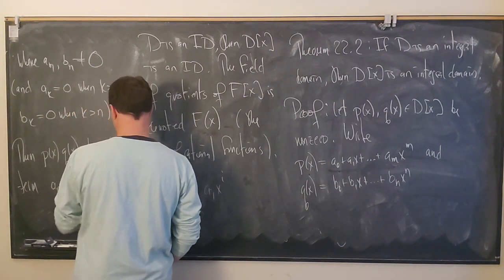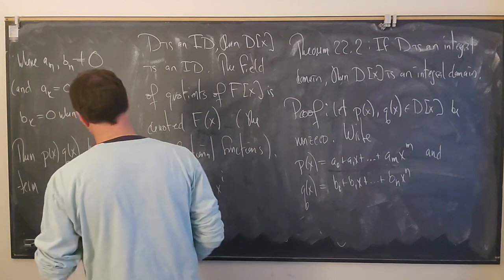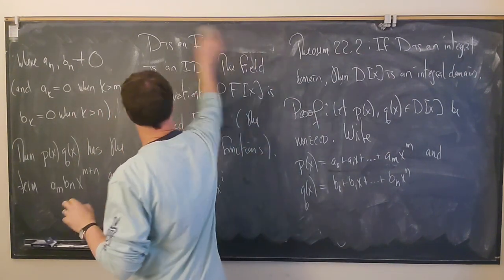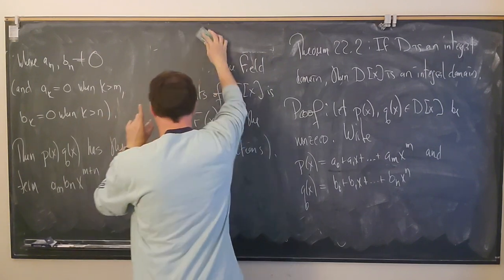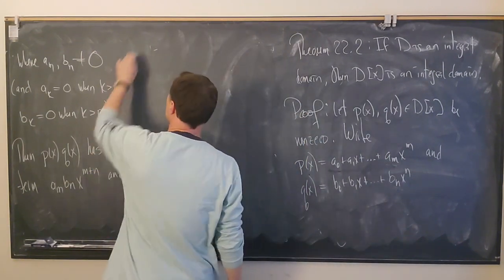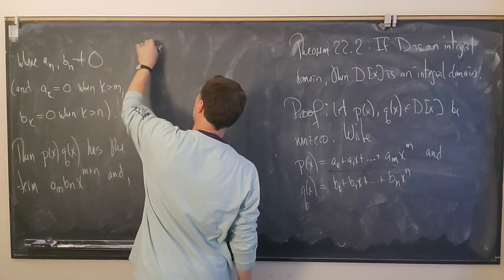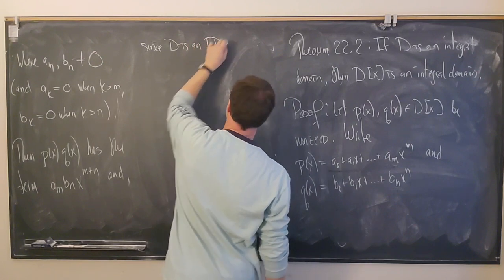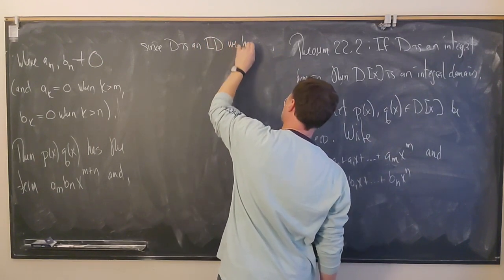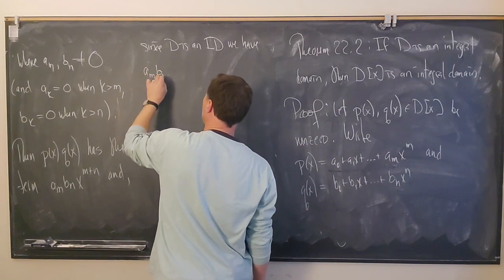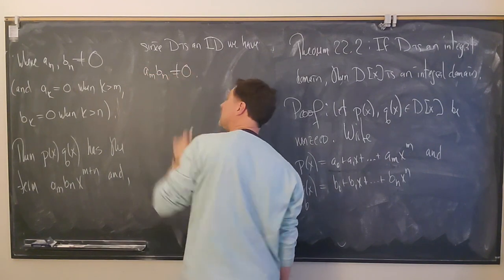And we know that a sub m is non-zero. We know that b sub n is non-zero. And since we're working in D, which is an integral domain, we have that a sub m times b sub n is not equal to 0.